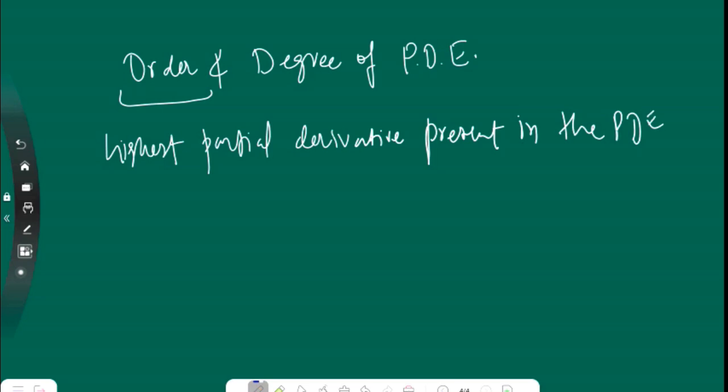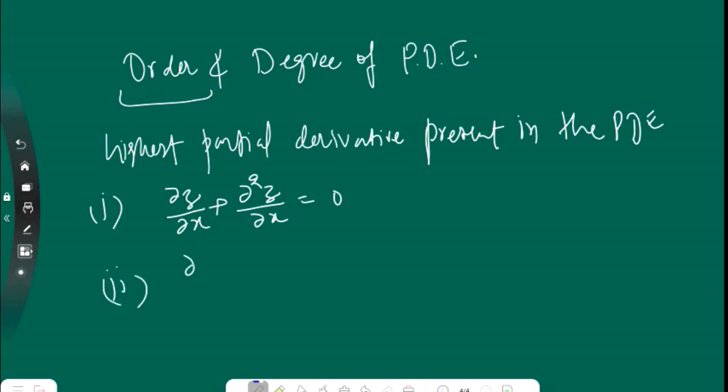You'll understand it with an example. Let's take two examples. First is del square z upon del x square plus del square z upon del x is equal to 0. And the other example is del z upon del x whole square plus y equals to 0.